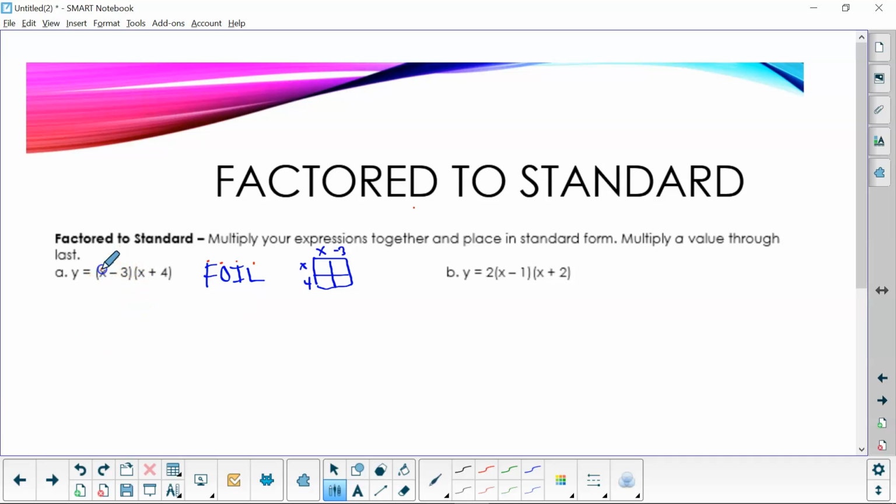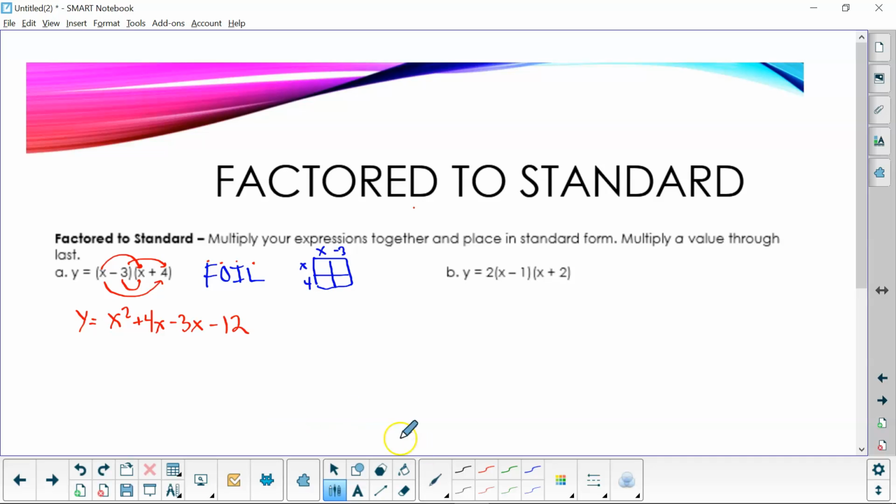So let's take first times first. X times x would be x squared. Now we need outside times outside. X times 4 is plus 4x. Now we need inside, the two inside terms. Negative 3 times x is negative 3x. And finally the last one here times the last one here. Negative 3 times 4 is negative 12.